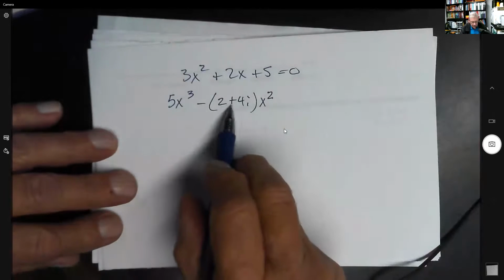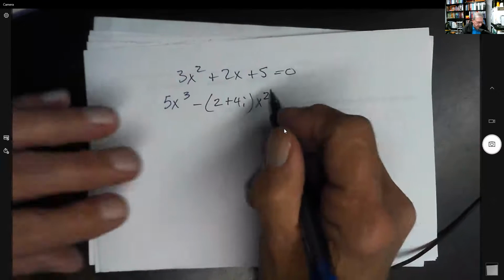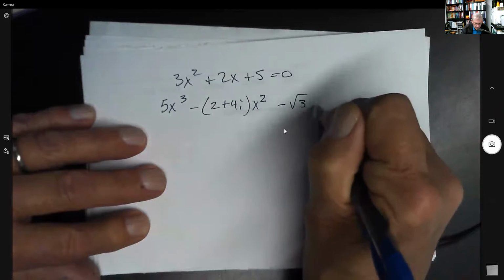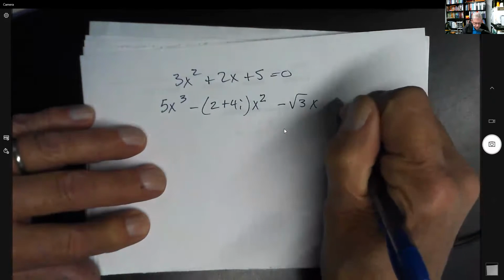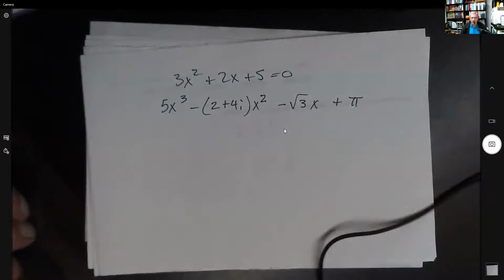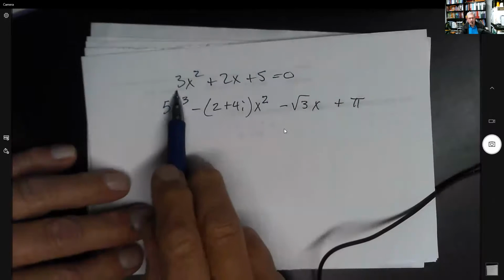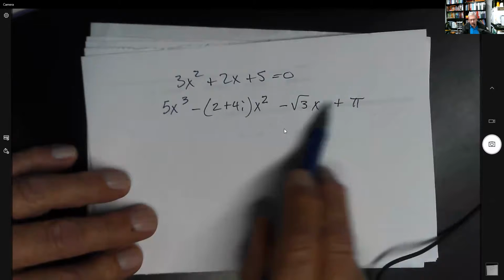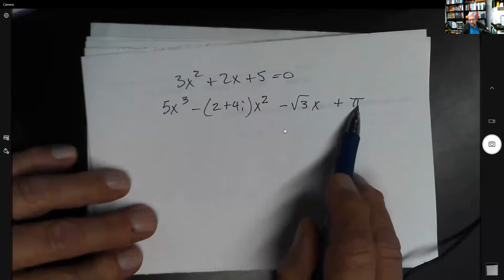Okay, so you can have weird looking things. We're used to seeing these kind of expressions, but sometimes we can run into the horrible ones.